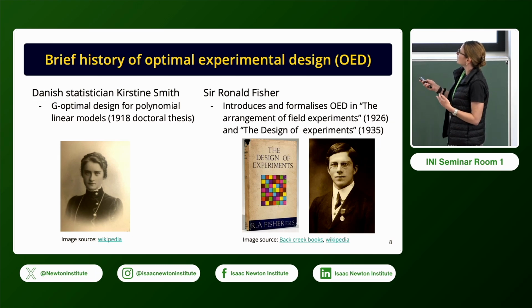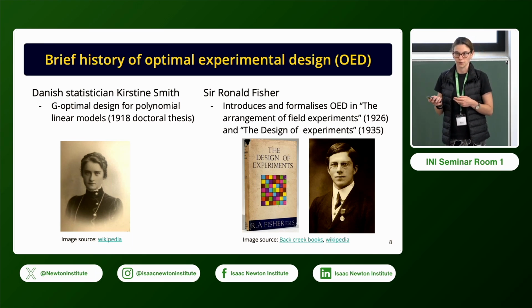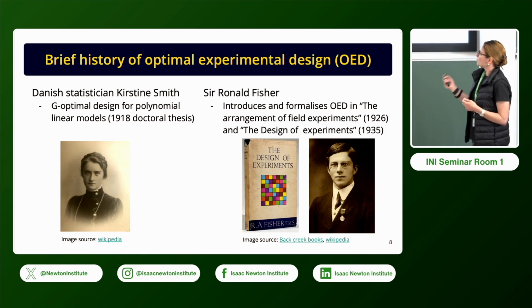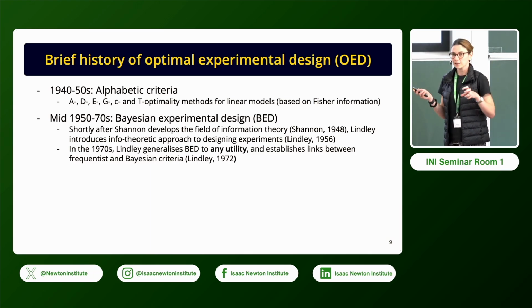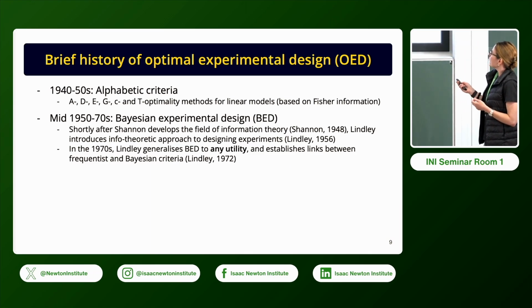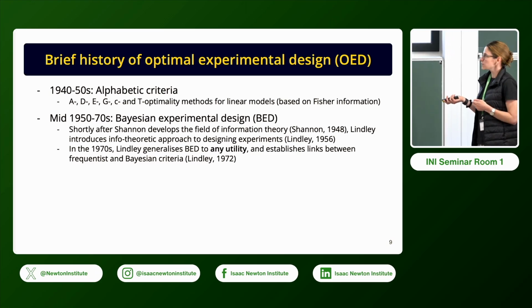A few years earlier, she published in her doctoral thesis this G-optimal design for polynomial linear models. In what followed in the next few years, people developed various alphabetic criteria for designing experiments that were mostly based on the Fisher information matrix.